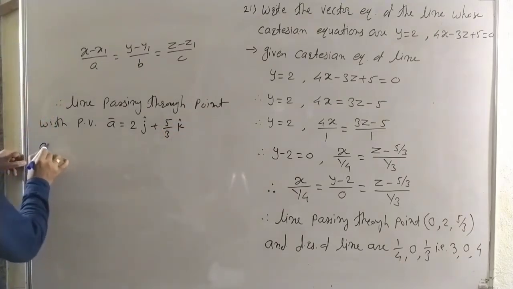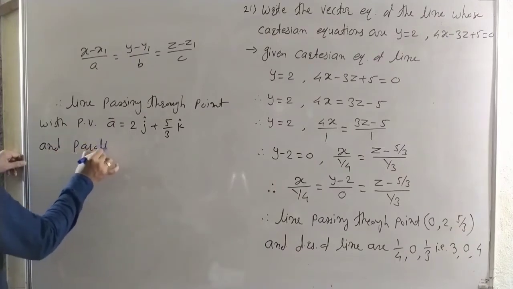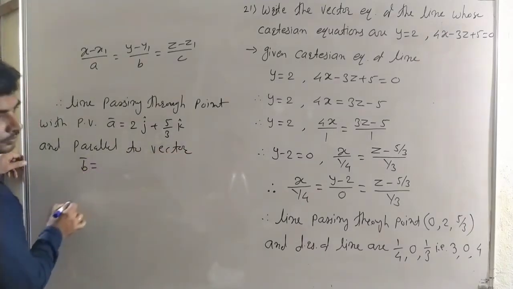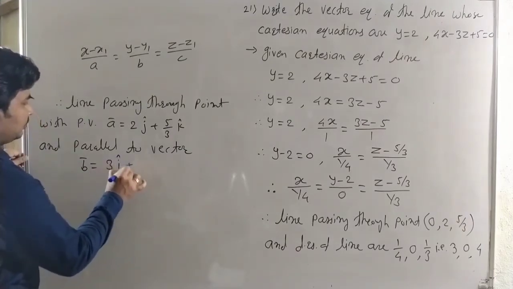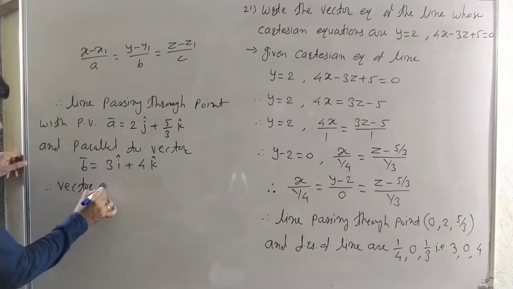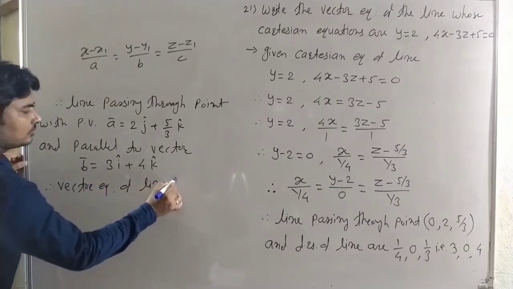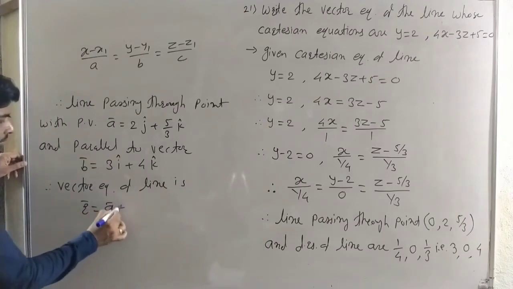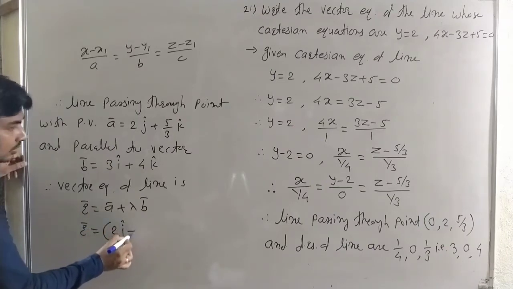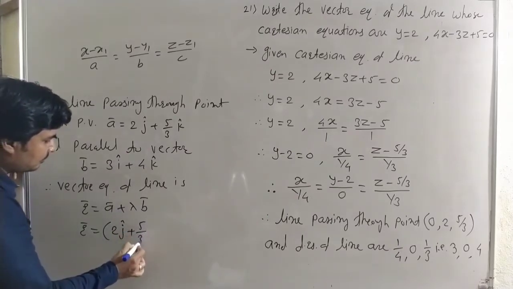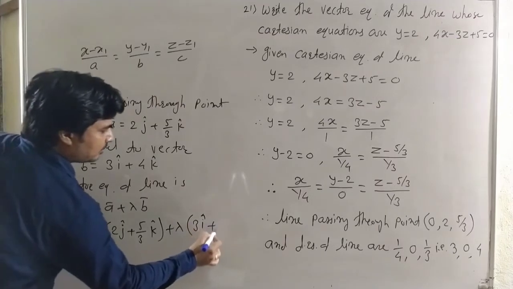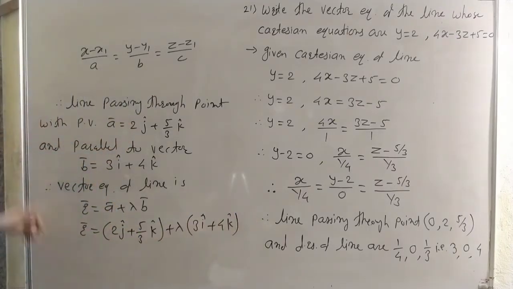Okay, and parallel to vector b bar, it is 3i cap plus 4k cap, and therefore vector equation of line is r bar is equal to a bar plus lambda b bar, and then r bar is equal to 2j cap plus 5 by 3 k cap plus lambda into b bar, 3i cap plus 4k cap. Okay, here it is a vector equation of this line.